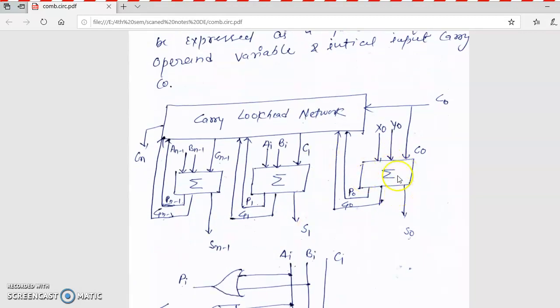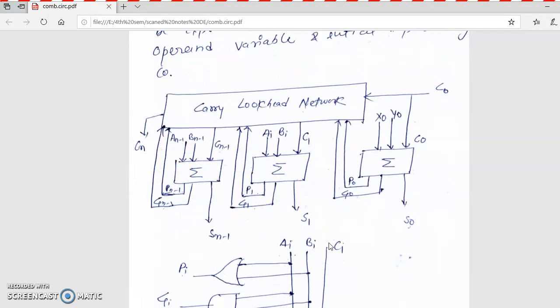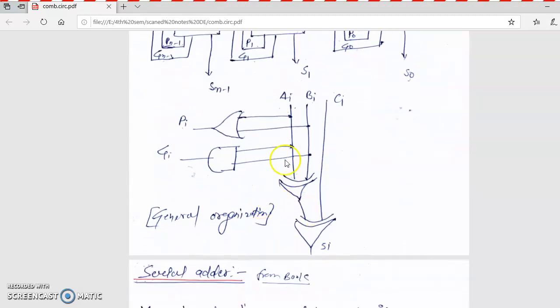This is the symbol of summation, and these are X0, Y0 and the previous carry C0, and we get the output, and P0 or G0: this is the generate function and this is the propagate function of the carry look ahead adder, and this is the generalized form, so the formula is for the generalized function. Also this is Ci, Ai, Bi. Okay, Ai, Bi, that is the Pi, that is the XOR gate, and this is Ai, Bi, that is the generate function. Okay, and we get the Ci.